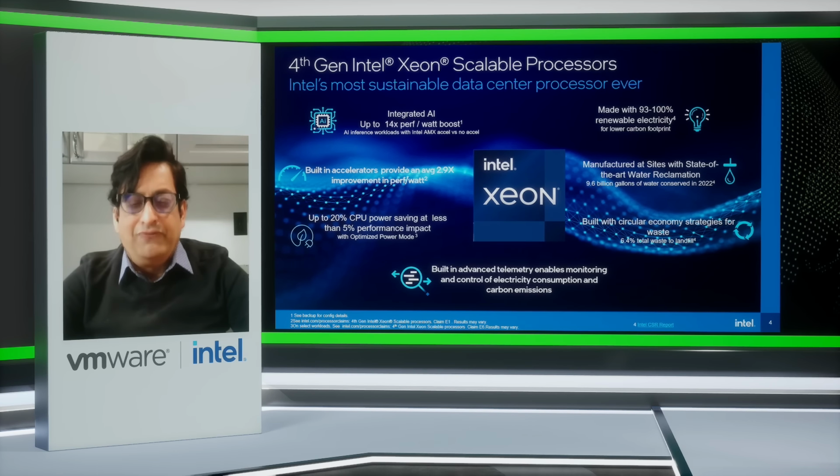And even at a base level, we are able to get 20% CPU power savings at 5% or less than 5% performance impact when we use the optimized power profile. And just as I mentioned in my previous slides, these are manufactured at our state-of-art silicon fabrication and assembly facilities, where we have state-of-art water reclamation and renewable electricity. So all in all, incredibly sustainable processor.